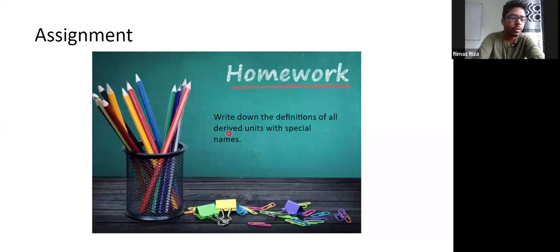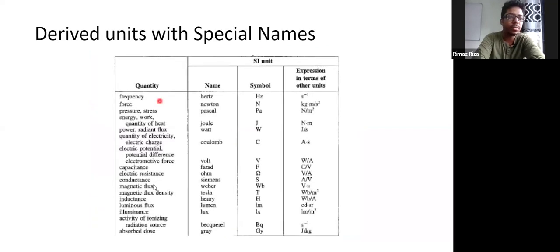Likewise, you can take some of the main units: frequency, force, energy, pressure, for example Pascal. You can take out 5, 6 units, and you have to write the definition of that. You can search in Google, okay, or you can use some books.